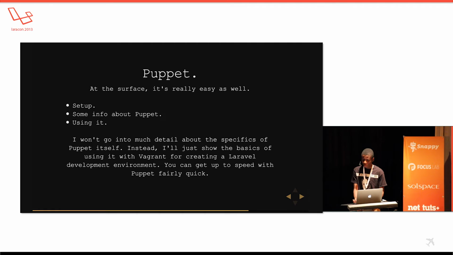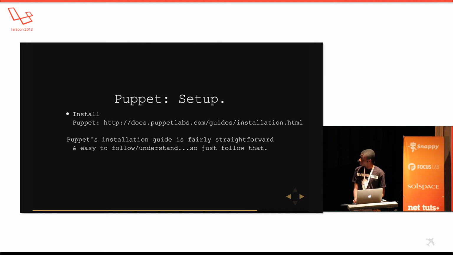If you try to look at the source and everything, it gets complicated, and if you try to do more complicated things, it does get complicated, but at the surface, it's really, really easy to use. Setting it up, they have a whole installation guide. Instead of me having to go through that, the link is okay.